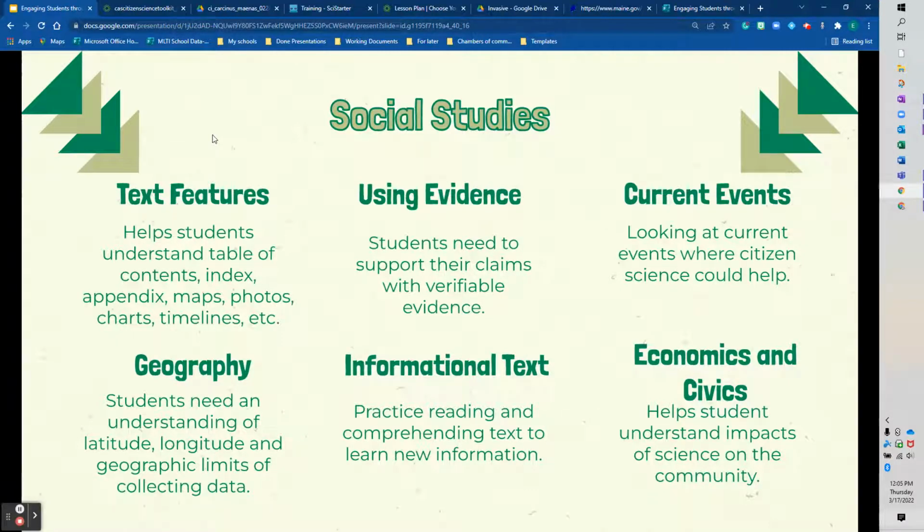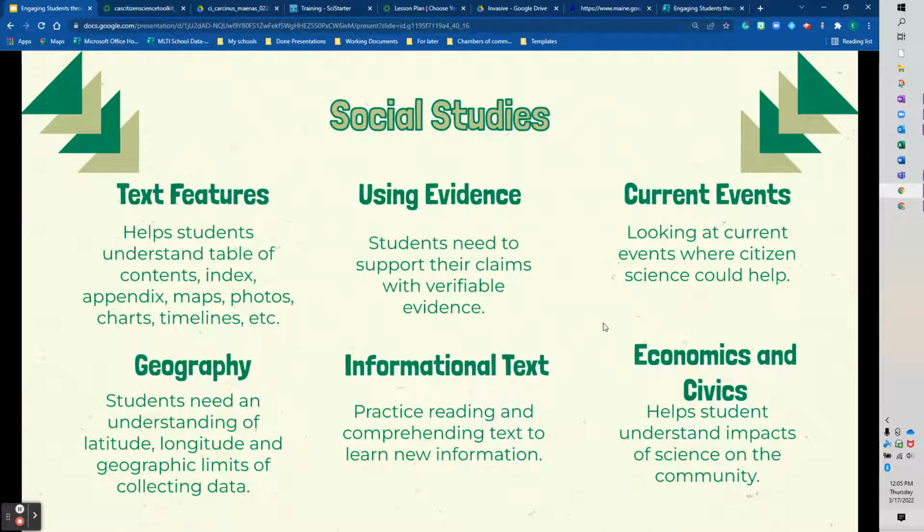Informational text, again, it's kind of all across here. Understanding how to read it is very, very important. And then also looking at economics and civics, right? How does science affect the community in terms of civic engagement, but also how does it affect a community in terms of economics?